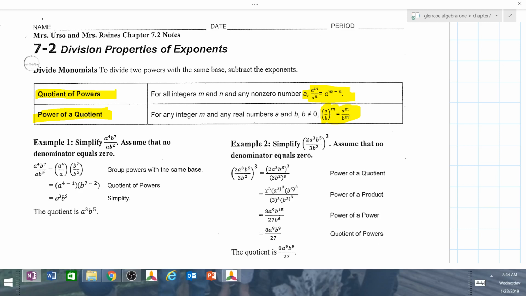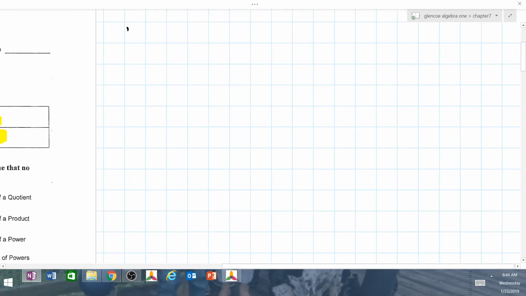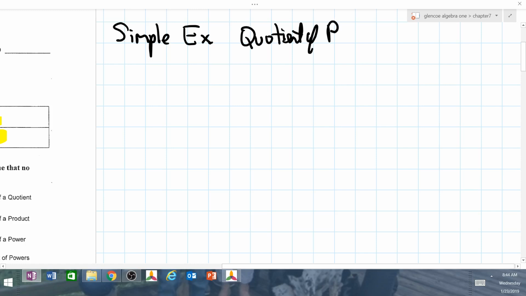So let's start off really nice and easy because they jumped right into some big examples there. I want to take it in baby steps for us this morning. So let's do a couple of simple examples using the quotient of power rules, which says a to the m power divided by a to the n power equals a to the m minus n power.